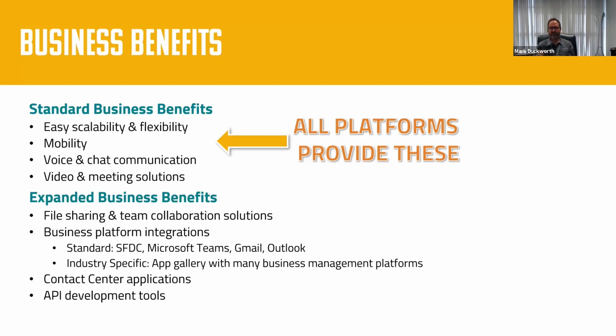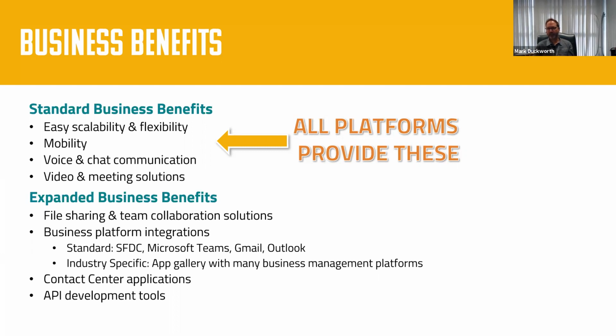What I would say is, where it gets really interesting and why it really matters which one you pick is because they could really be different on some of the expanded business benefits. So when it gets into some of the file sharing, the team collaboration solutions, they can look and feel a little different, right? They're almost all going to have these integrations. So all standard integrations back into Salesforce, maybe a Sugar or some other CRM, it doesn't matter.